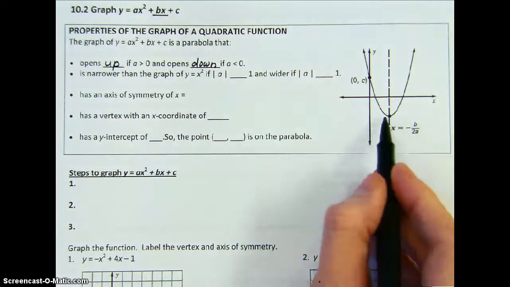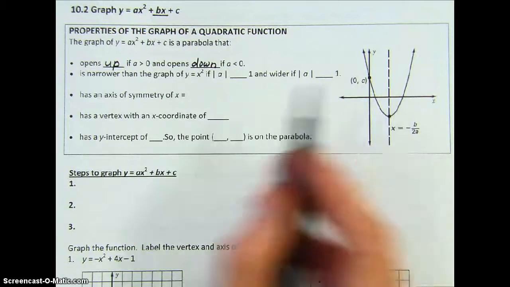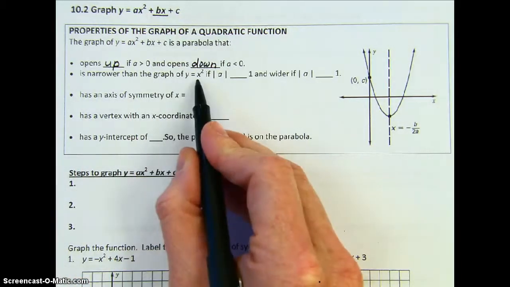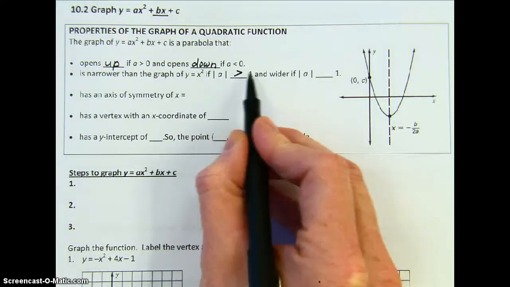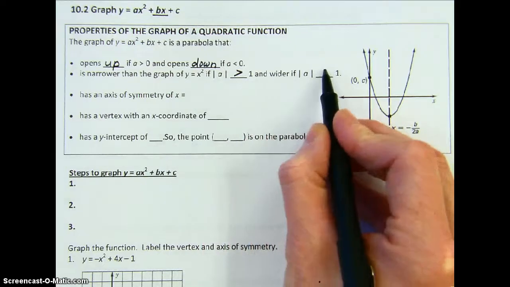Now this parabola is opening up because it is positive a. It is narrower than the graph of y equals x squared, which we know is our parent, if the absolute value of a is greater than 1, and wider, which we know as a shrink, if a is less than 1.